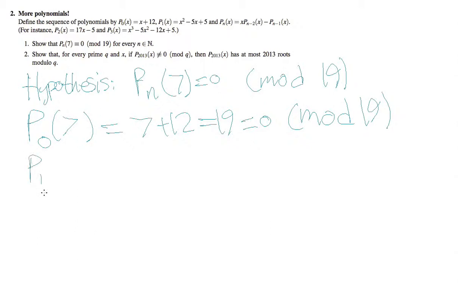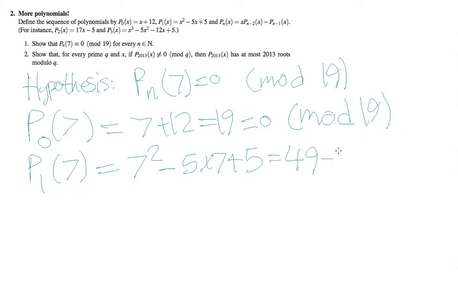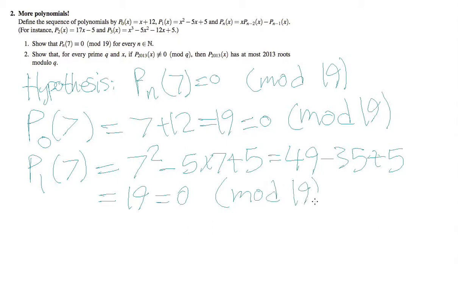We have P1 of 7 is equal to x squared minus 5x plus 5, where x is equal to 7, so it's going to be 7 squared minus 5 times 7 plus 5, which is going to be equal to 49 minus 35 plus 5, which itself is going to be equal to 19, which is again 0 mod 19, right? So we have checked our base cases.